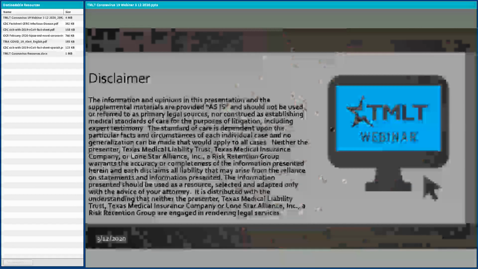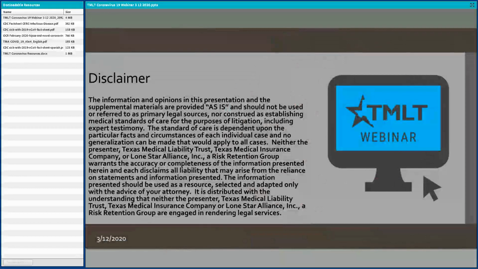As we go through the webinar today, please keep in mind that we're not offering medical or legal advice. What we are trying to do is to bring you as current, up-to-date information as possible. As you know, the coronavirus is a rapidly changing environment, and details related to what we know about coronavirus change virtually daily.